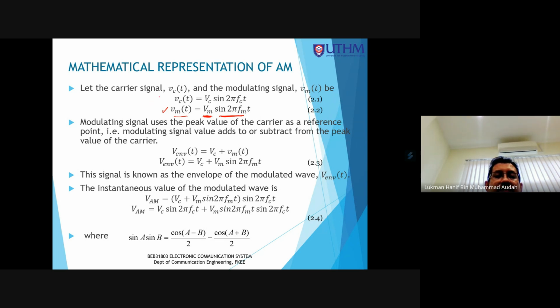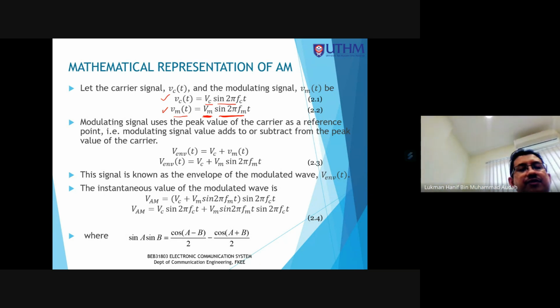And for the carrier, the input carrier, we assign it as VC(t): VC, the peak amplitude, sine 2 pi FC t. So how does the signal look like? If I make a simple drawing of a sine wave, this is time versus voltage.